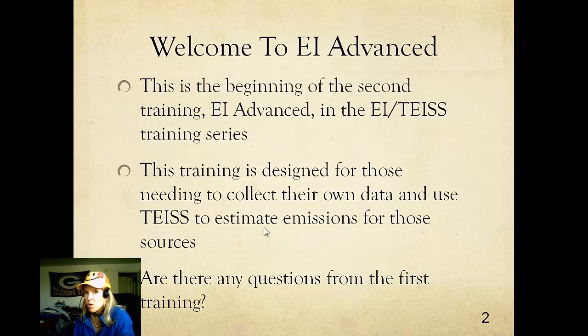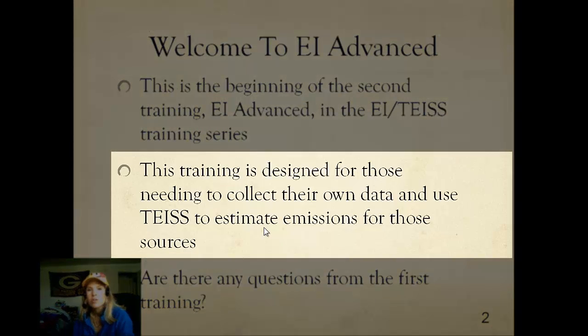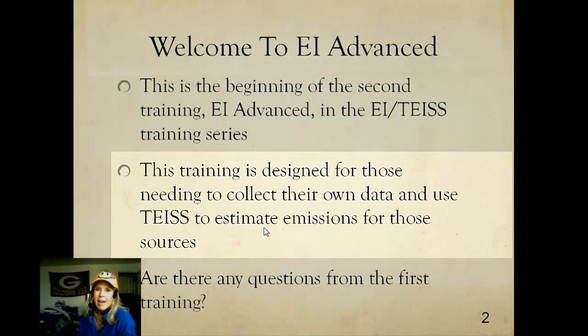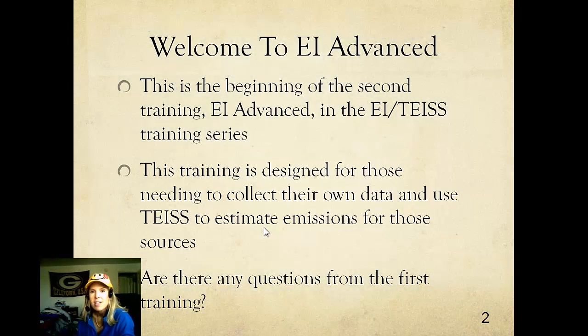Or, if you're in this course, you are continuing on and you're going to look at sources that were not part of that data that's already been uploaded into the National Emissions Inventory data. And these are sources that are probably on your reservation and maybe smaller sources.